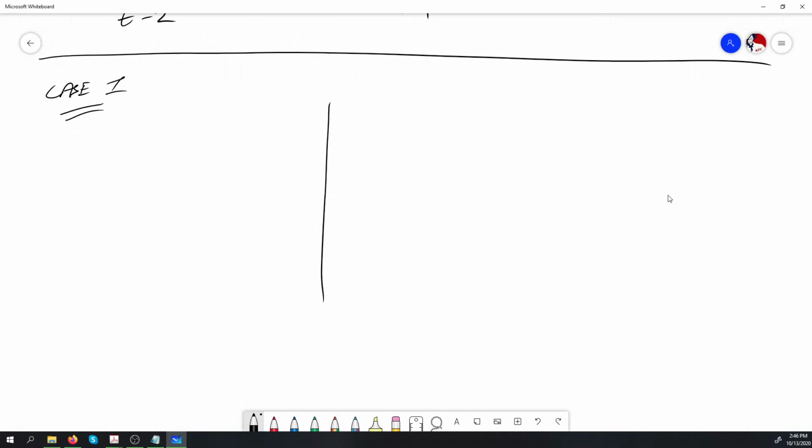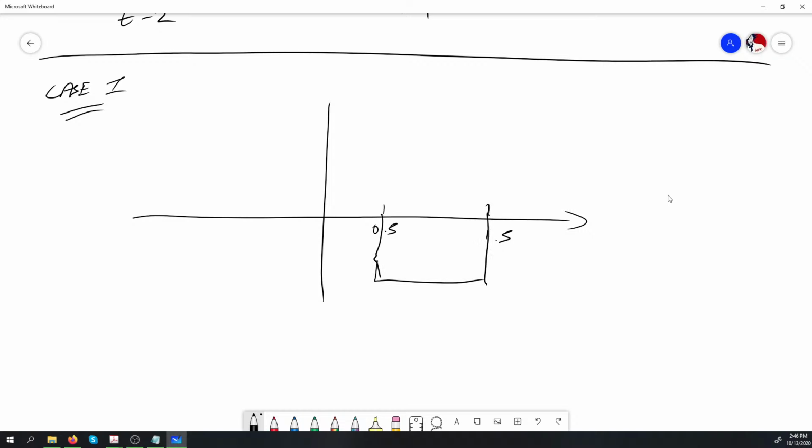And in drawing our graph here, this would be between 0.5 and 5. This was f1 of tau, and in this case, let's just draw a signal here.